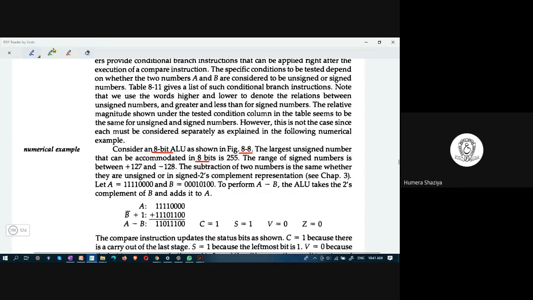How can you fill those slots? What is the range? Okay, let us take range. What will be the range?